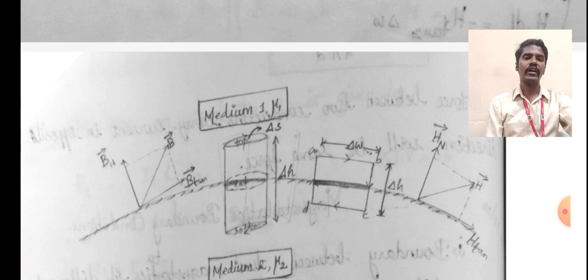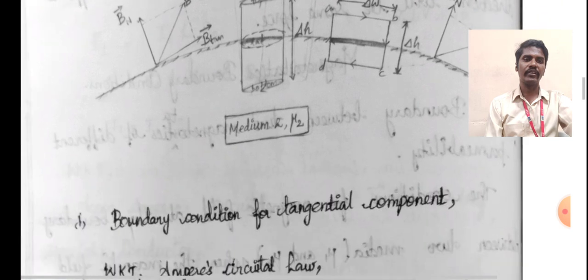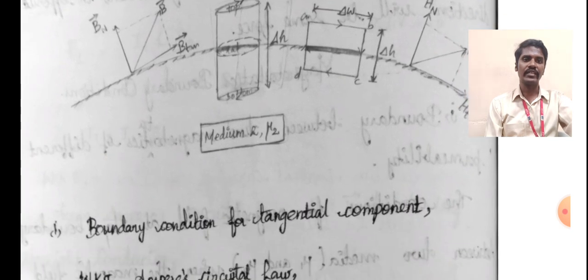It has a height del h and a differential surface del s. Similarly, the rectangular path has a height del h and a width del w. This can be resolved into the tangential component and normal component, for both the B vector and H vector.